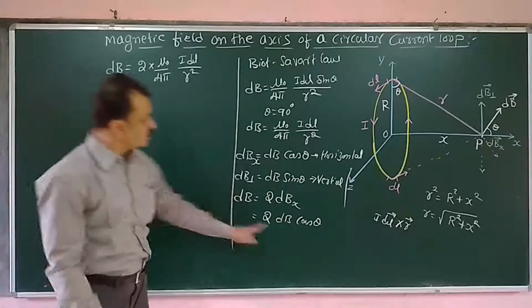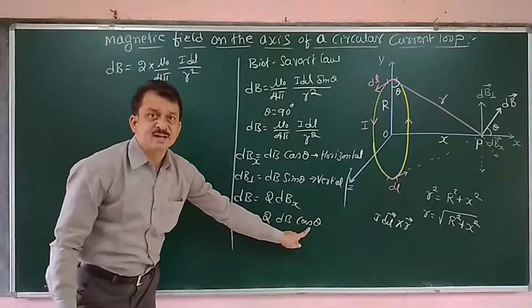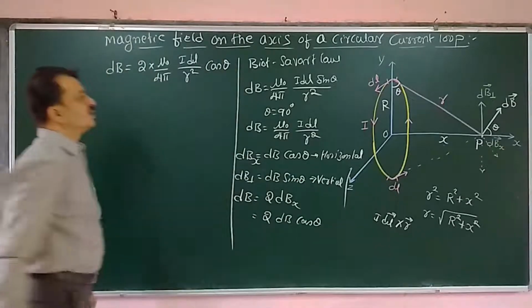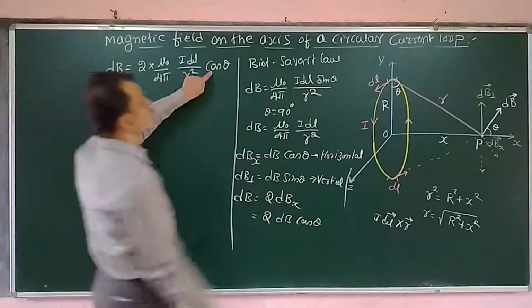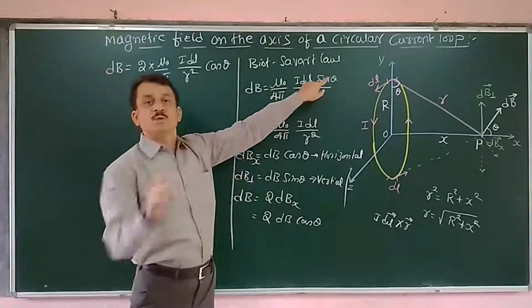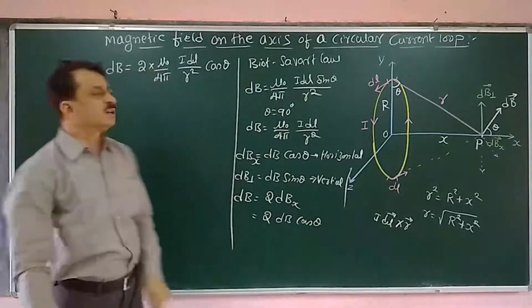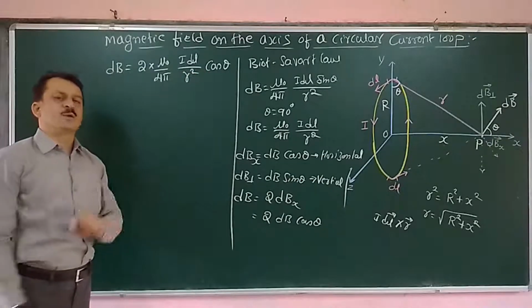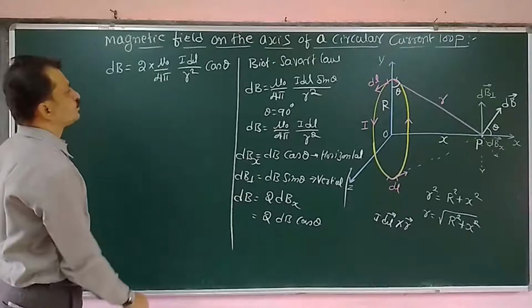Now we have the cos theta term here, written as it is. So don't get confused between this theta and the sin theta. This sin theta is obtained in the Biot-Savart's law. This cos theta is the horizontal component. Don't get confused.